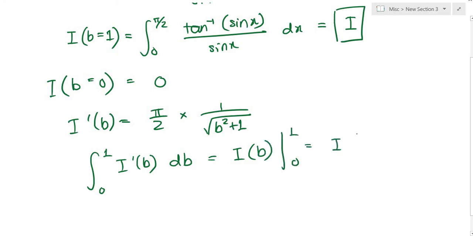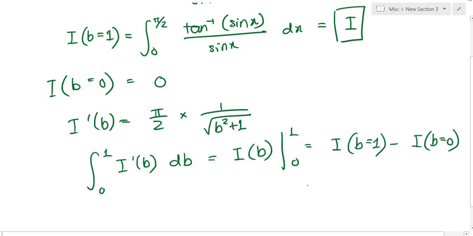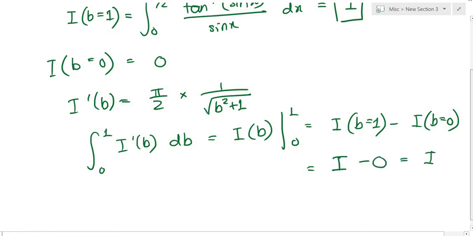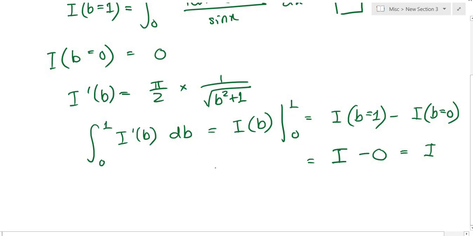So basically I when b is 1 minus I when b is 0, and that's exactly what we calculated on top, right? So I when b is 1 is our original problem I, minus I when b is 0 is 0, so it's just I. So this definite integral over here is just evaluating to our original problem I.